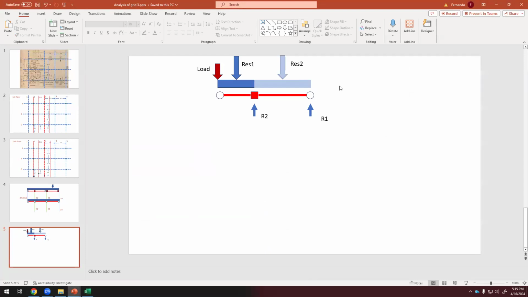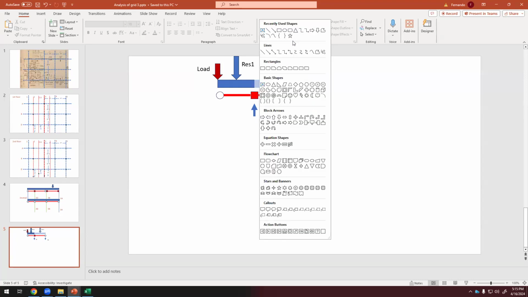Yeah. So the load, resultant 1, resultant 2, they are moving this counterclockwise. So where is the counterclockwise thing here?